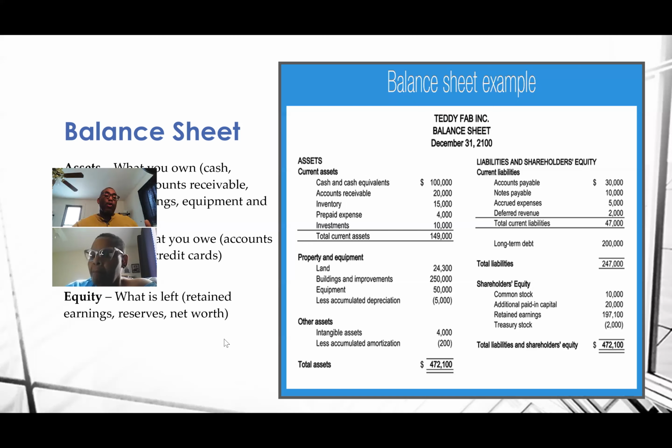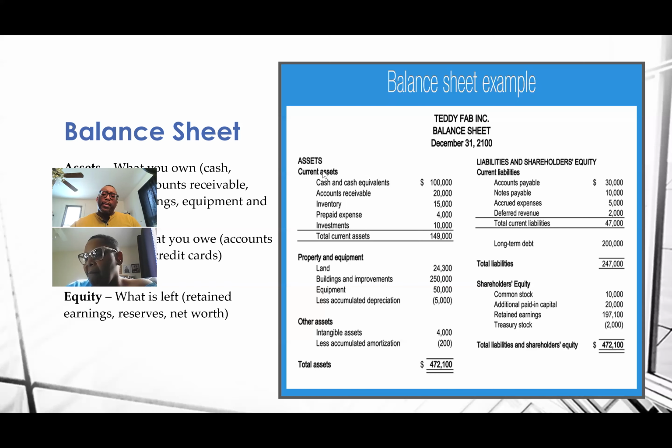So the balance sheet is a quick snapshot to see the financial performance of a business entity. Now you can get into a lot more ratios, like current ratios and things like that. That's what an analyst gets from the financial statements.